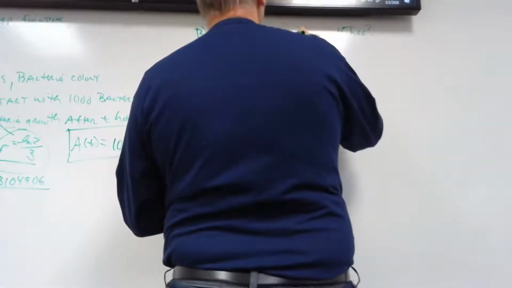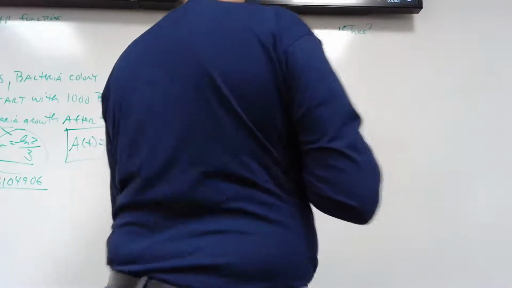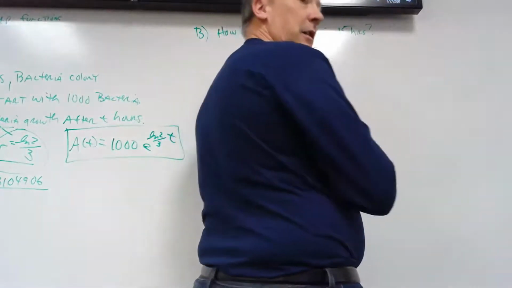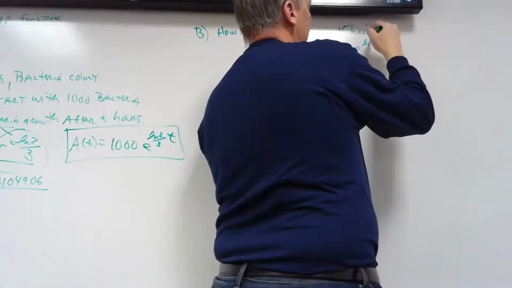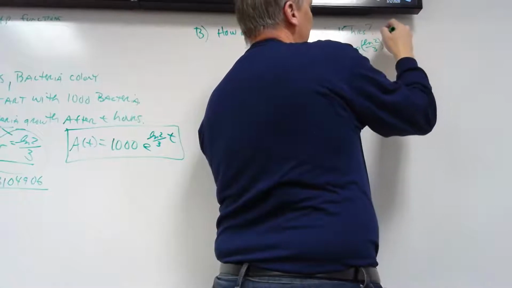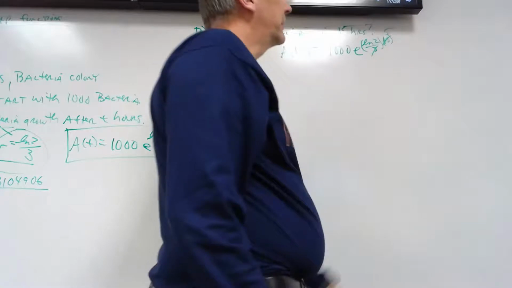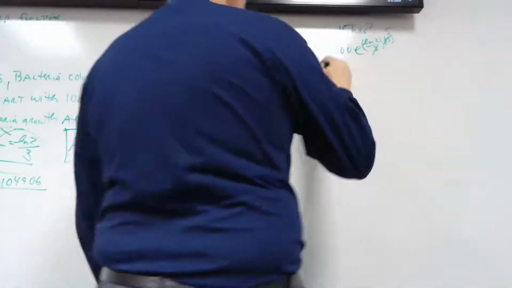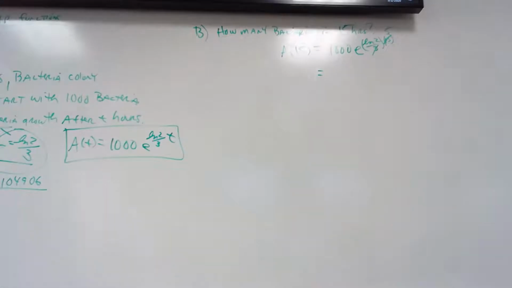A of 15 equals 1,000 e to the natural log of 2 over 3 times 15. 3 goes into 15 5 times. I'll save you a little bit of math. And if you plug it into your calculator, hopefully correctly, you should get approximately 32,000.